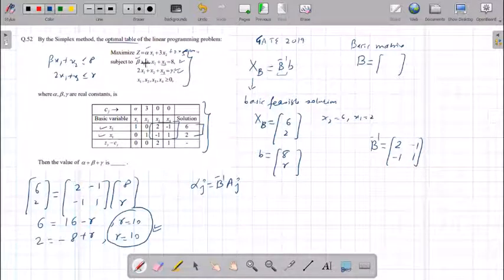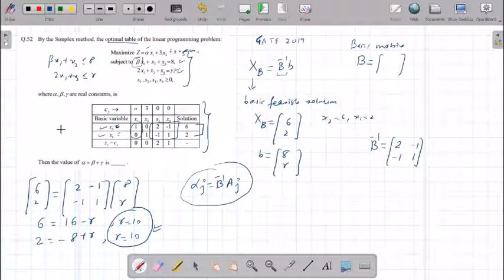So beta is appearing as a coefficient of x1. So we need to use this relation for the variable x1. So what is the current column of x1? x1's current column in this table is given to be 1 0. But I want to point out that there is a mistake in this question, because you see that x2 is appearing as the first variable and x1 is second.